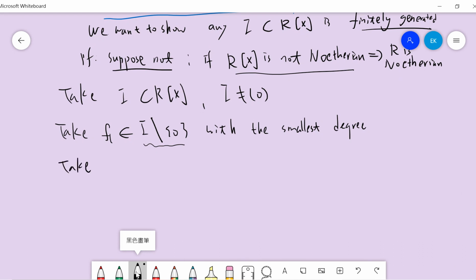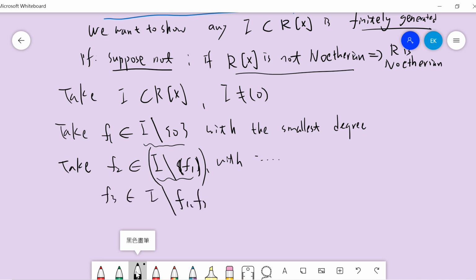and take f2, which is not generated by f1, with the same property: we take f2 with the smallest degree, and then f3, which is not generated by the first two, and keep doing this.